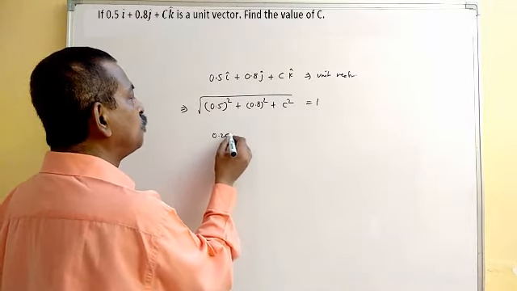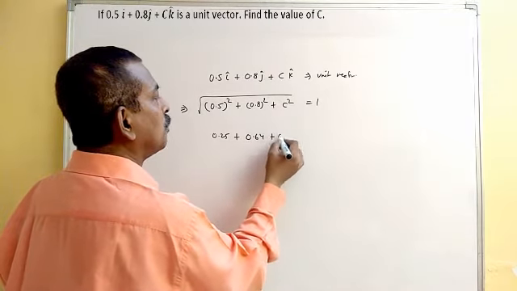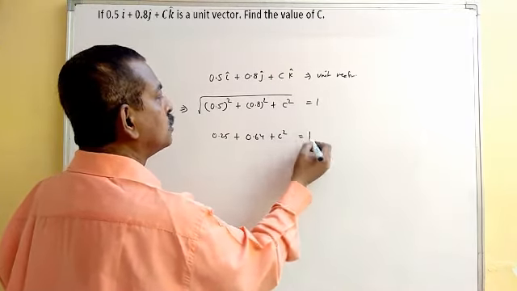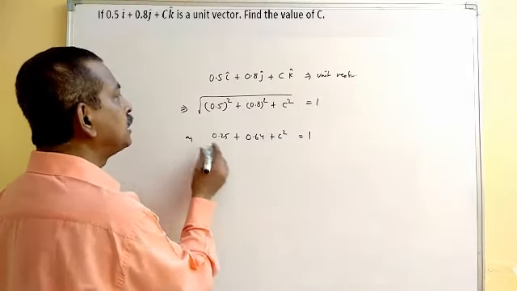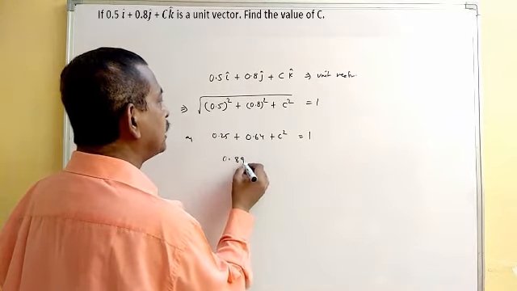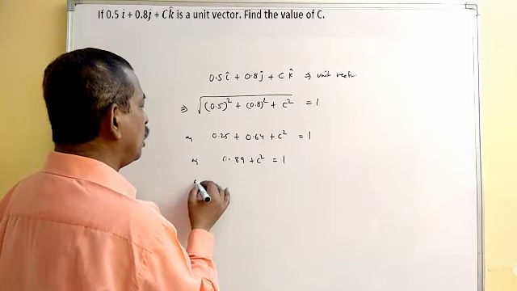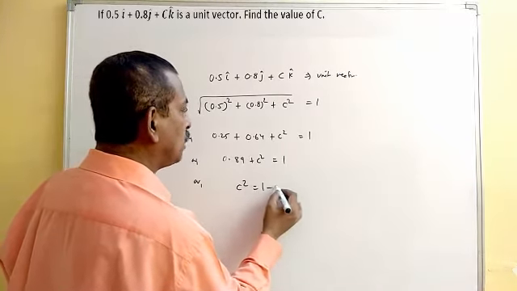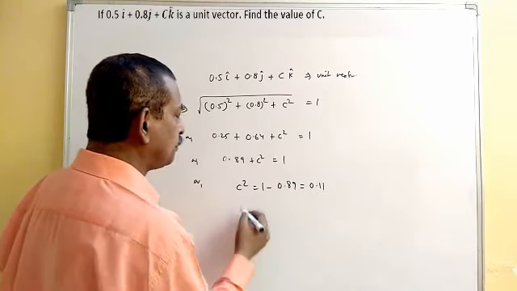So it will be 0.25 plus 0.64 plus c square, under root, and this is 1. If I square both sides, this is 0.89 plus c square is 1, or c square is 1 minus 0.89, that is 0.11.